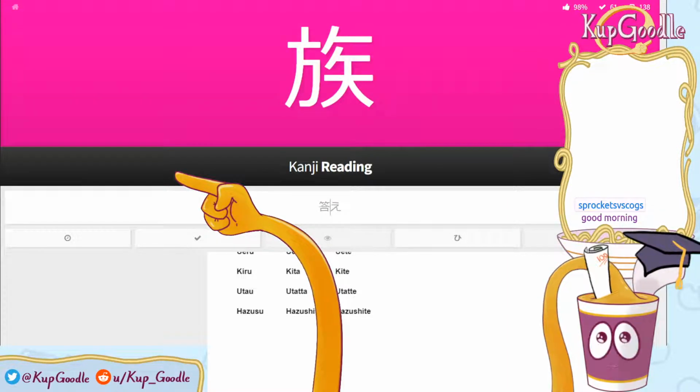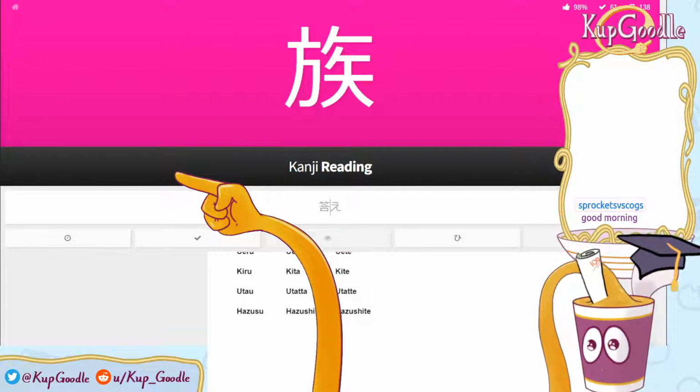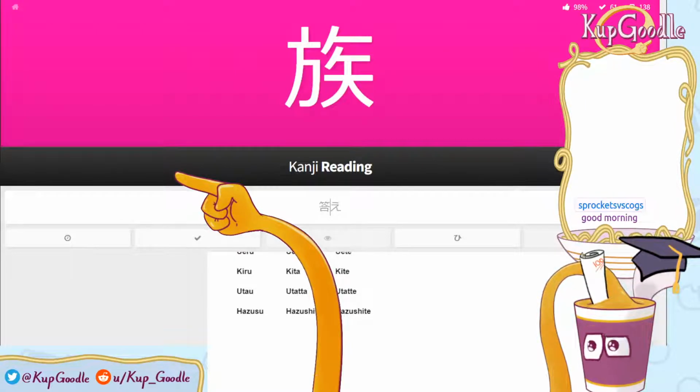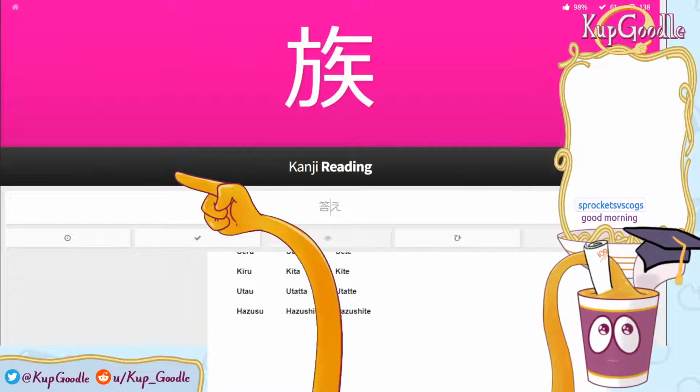Ooh, the reading. There's a Z in there and a K in there. Zoku. Kazoku.